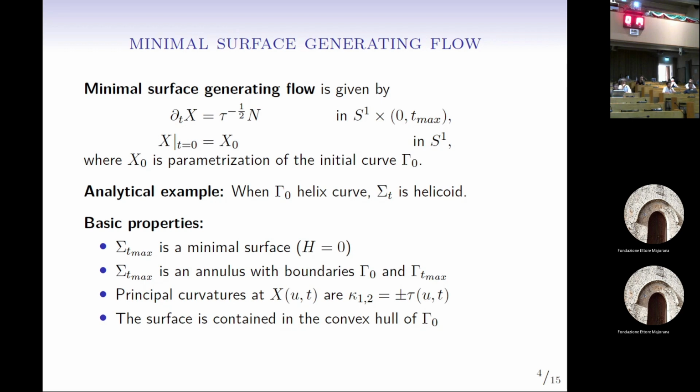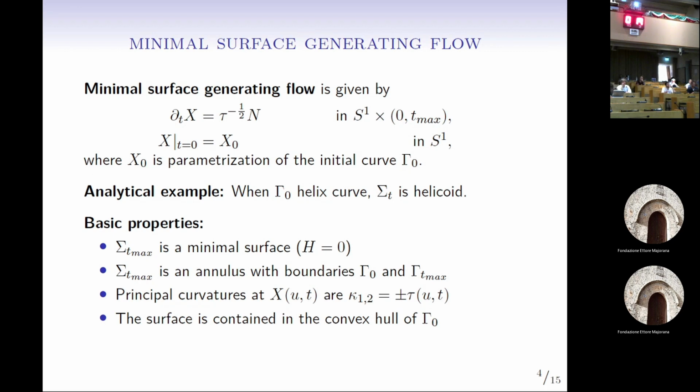It will, of course, have the topology of an annulus with boundaries given by the initial and the final curve. But what I'm mostly interested in is trying to find some configurations where the final curve actually shrinks to a point, and thus this will be a solution to the Plateau problem with the initial boundary given by the initial curve.